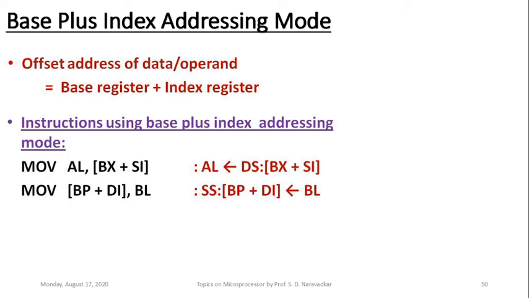the destination index register. That's why on the right side you can observe this operation: the contents of the BL register will be copied to the stack segment pertaining to the base register, which is BP. The offset address will be BP plus DI from the stack segment, where 8 bits of data from the BL register will be copied.